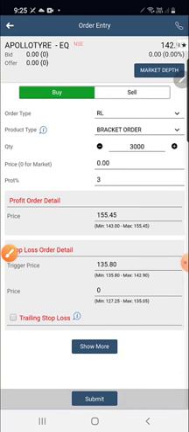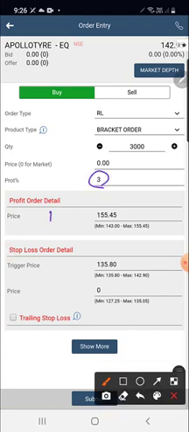Now what is the benefit in this? As I explained earlier, if you want to buy 3000 quantity at 100 and a sudden jump happens, this protection percentage will save you. Suddenly if it jumps from 100 to 120 or 130, this protection percentage will save you from unnecessarily ending up buying at a high price.